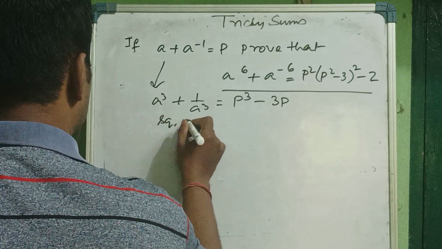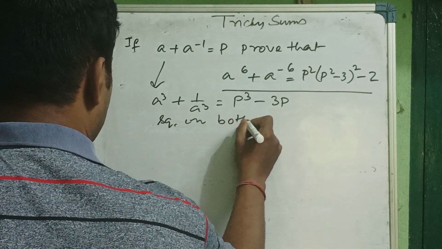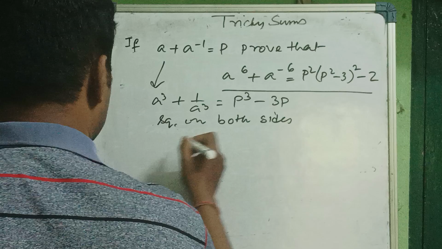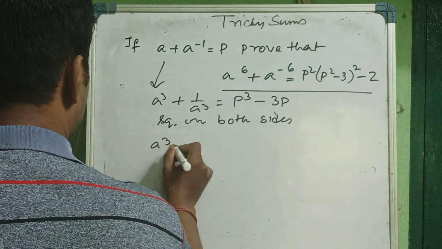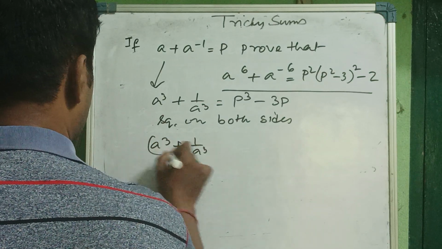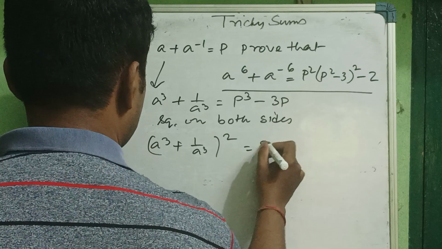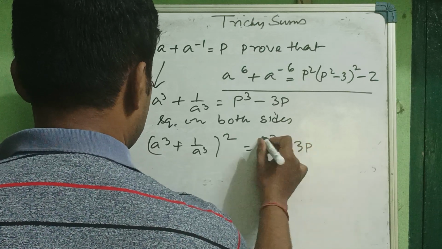Squaring on both sides, a cube plus 1 by a cube whole square equals p cube minus 3p whole square.